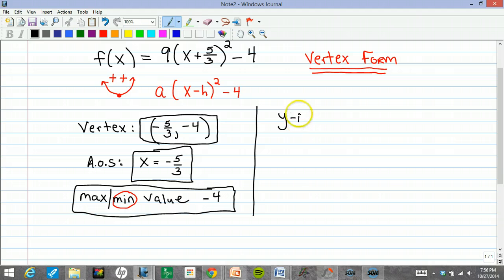Starting with the y-intercept, we're going to substitute in 0. So here's our function, f of 0.